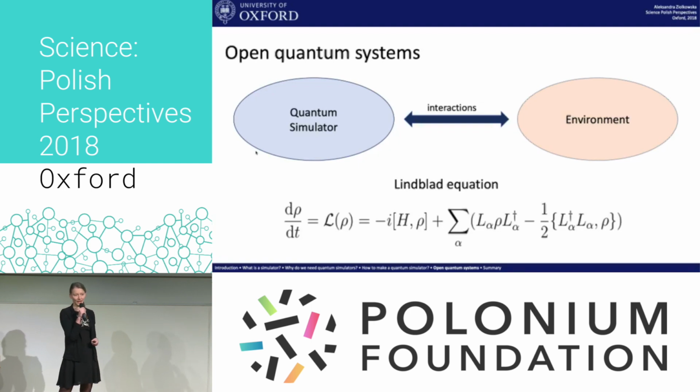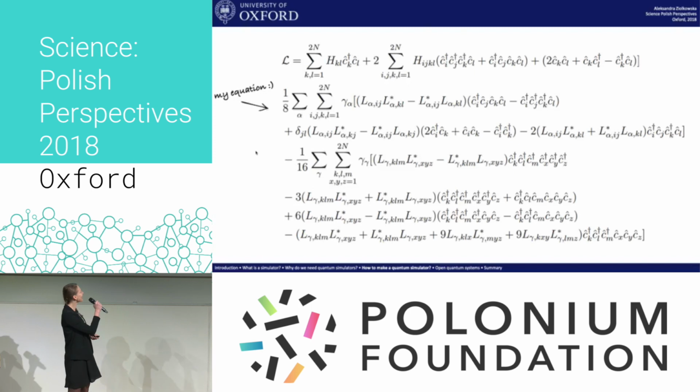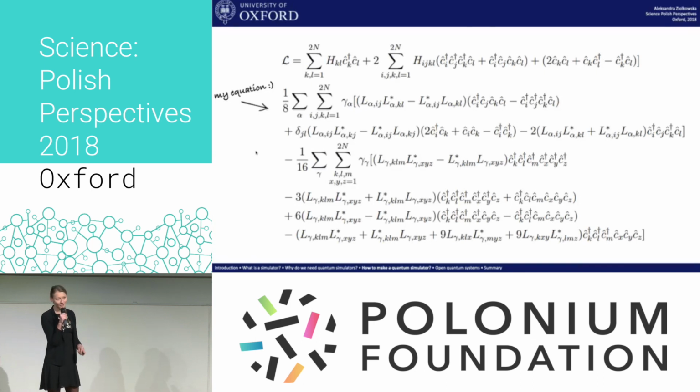And just to give you a taster of what sort of equations we are talking about, this is one of them. It looks long, big, and scary, but from this one, we are actually able to extract some physically meaningful information. So now let me tell you how we go about comparing this scary equation to the experiment.